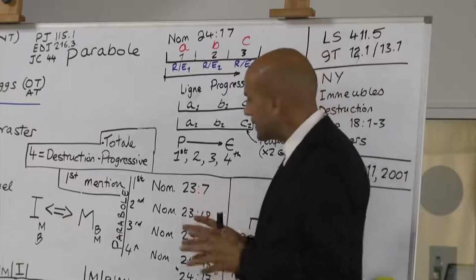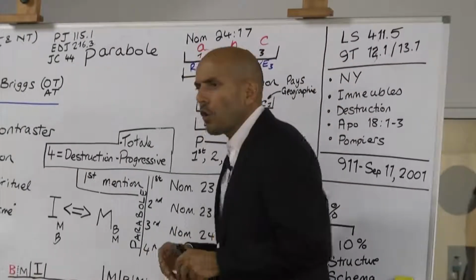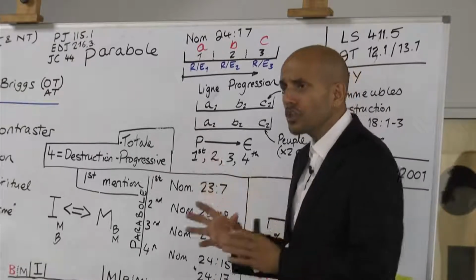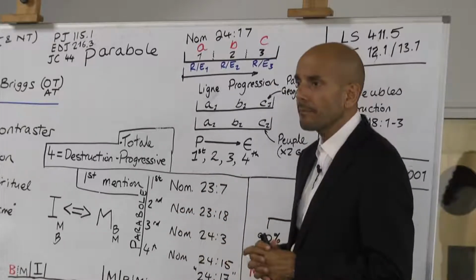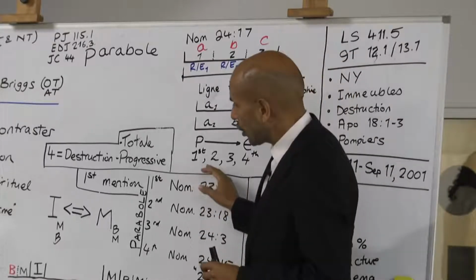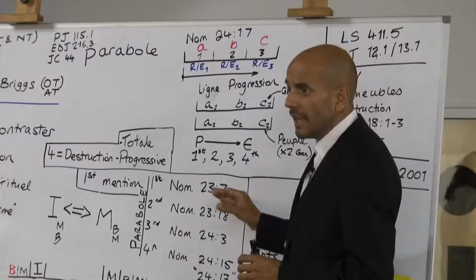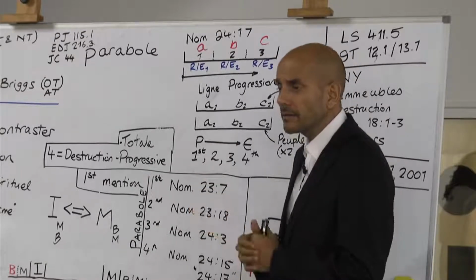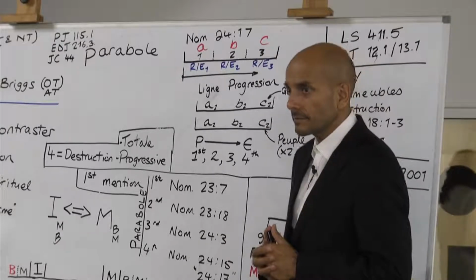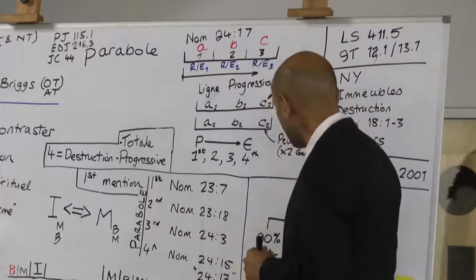Because what we're doing is seeing how the Bible uses the word parable. So the Bible, the context, is defining what the word parable means. And that's what Rule 5 says.